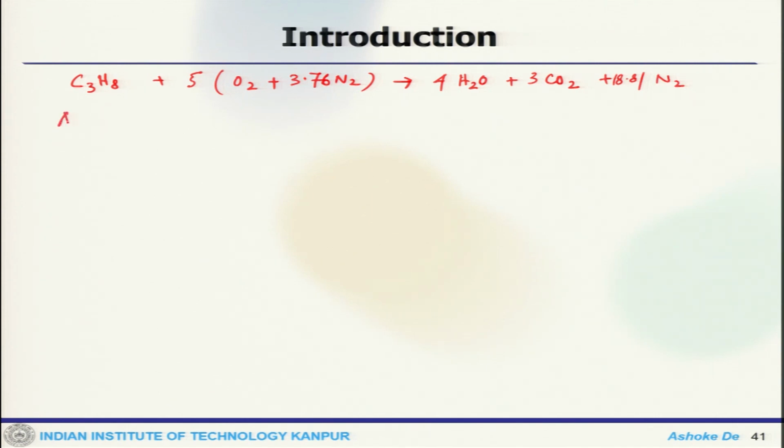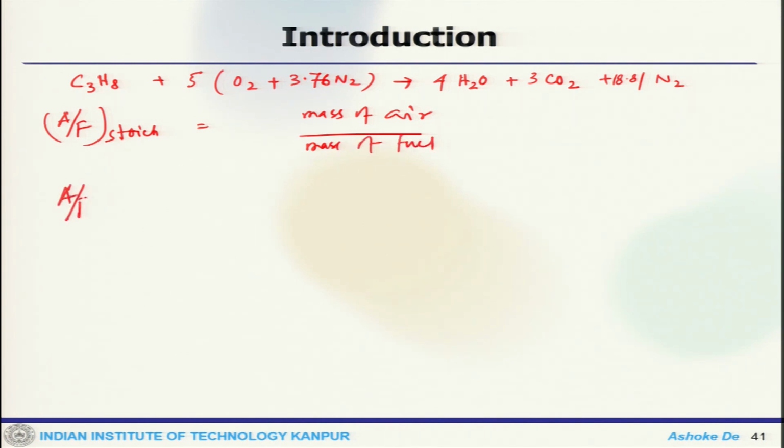Now, one can find out the air fuel stoichiometry, which is the air fuel ratio. It is the mass of air divided by the mass of fuel. So, one can calculate this air fuel stoichiometry.